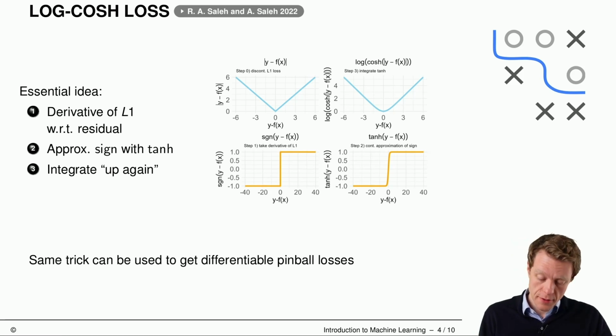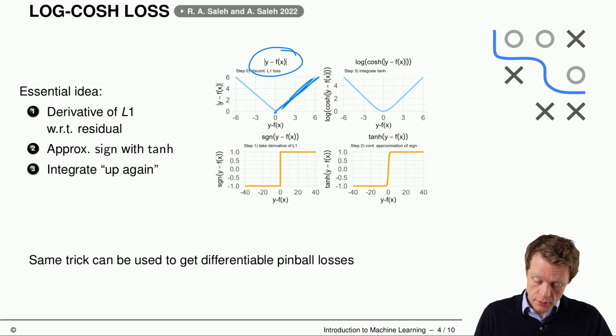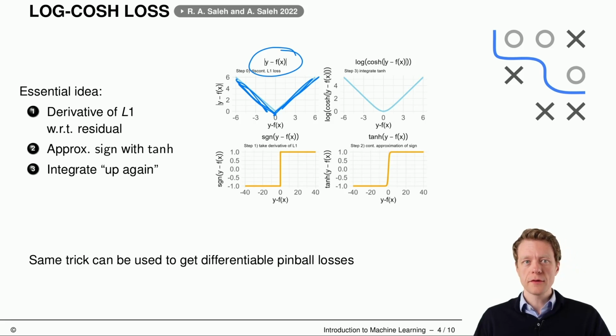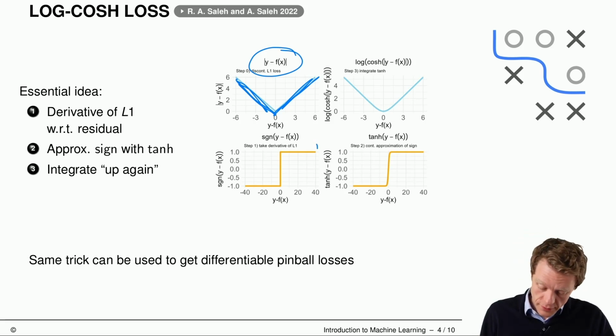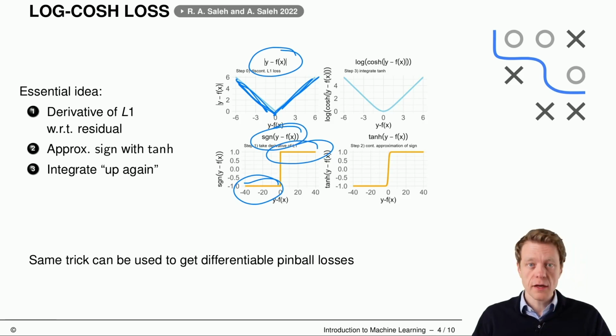The essential idea is as follows. You take the absolute loss, so the L1 loss, and then you take the derivative of this L1 loss with respect to the residual. Either you are on the right hand side or on the left hand side from 0, then the derivative is just 1 or minus 1. So it's the signum, the sign function of the residual.